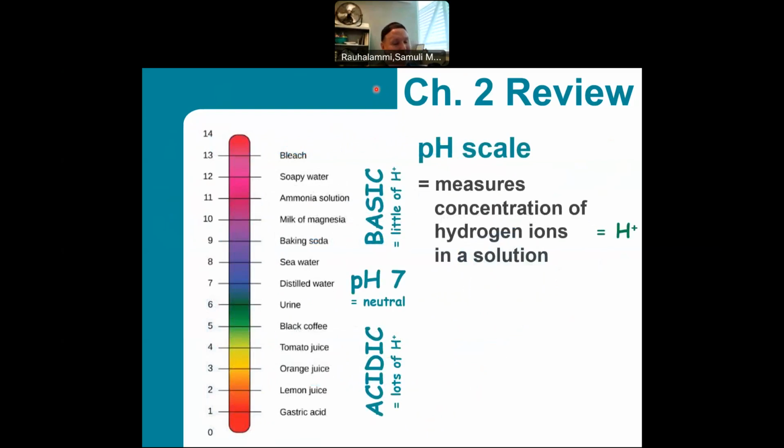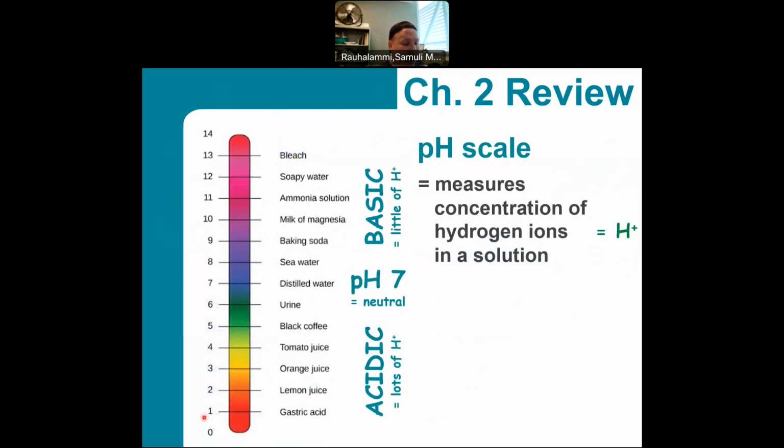Let's also have a look at the concept of the pH scale really quickly. The pH scale actually tells us the relative concentration of hydrogen ions in a particular solution. So it's a mathematical formula that tells us how much hydrogen we find in that solution.